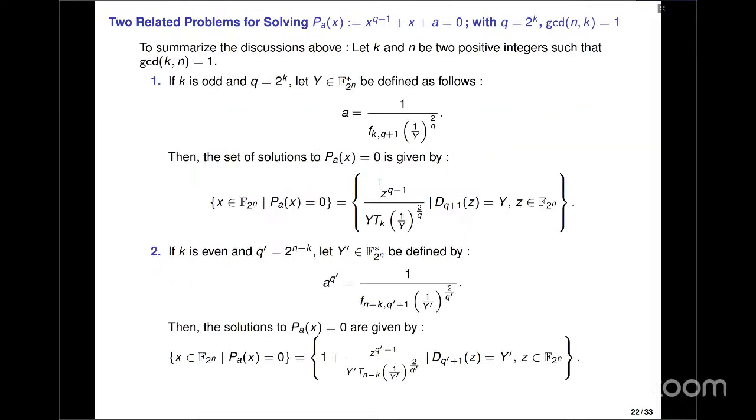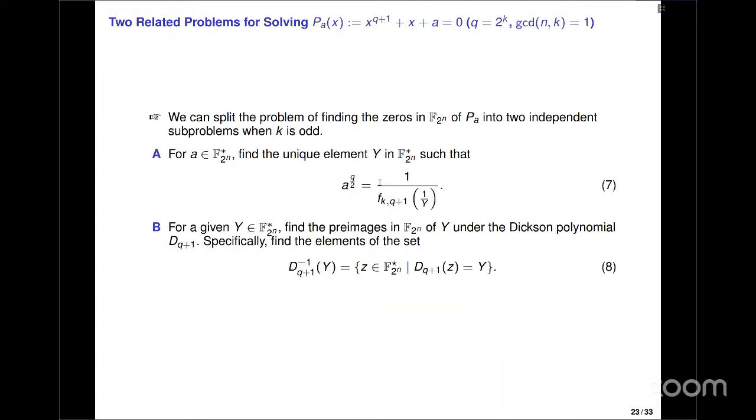Okay, so these are the answers. Let me summarize the discussion. Given A, we have to find Y through the Dickson reduction, where this is even. Remember that you can find the unique expression, and given Y, we then have to find the solutions, which requires a big mesh of requirements to be able to analyze.